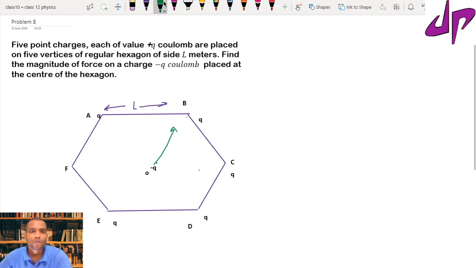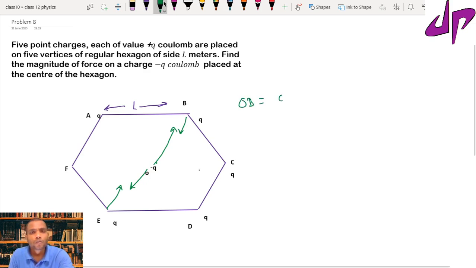Similarly, from B to O, it is in this direction. Similarly, from O to E, since they both are equal and opposite, so OB force, O to B, equals O to E.